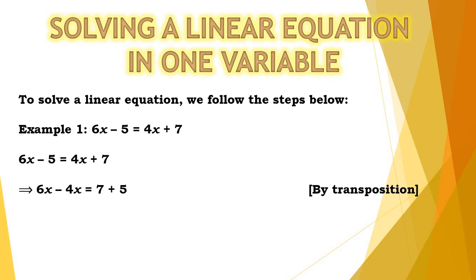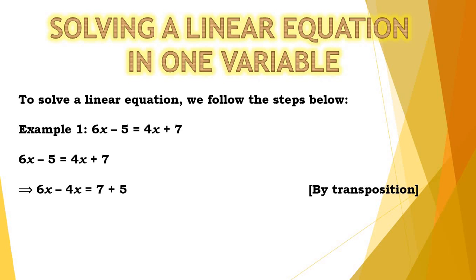Now 6x and 4x are like terms. Now what are like terms? Like terms are the terms which have the same variable with the same power. So here both have x, and in both x has the power 1. So these two are like terms. Now how do we solve like terms? We see the numerical coefficients of the terms.